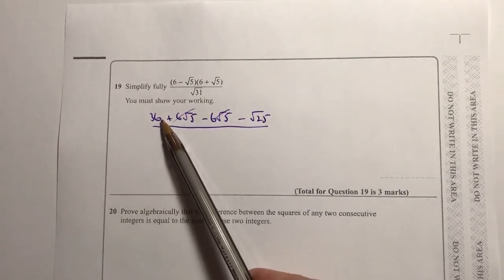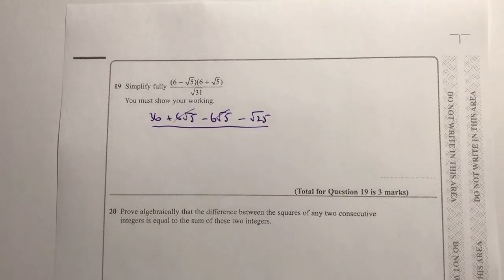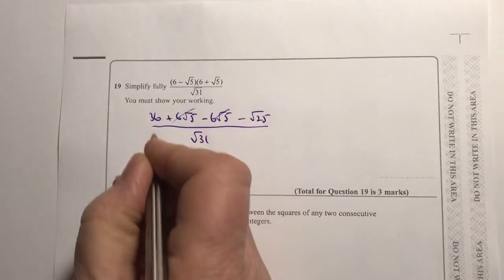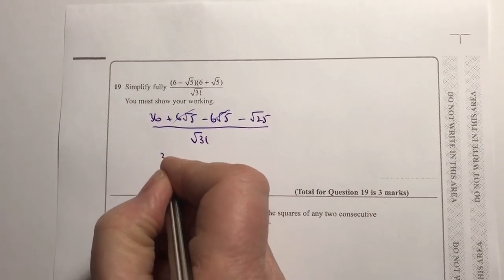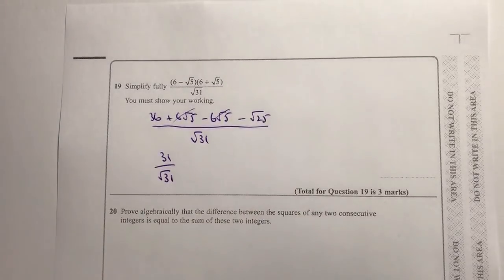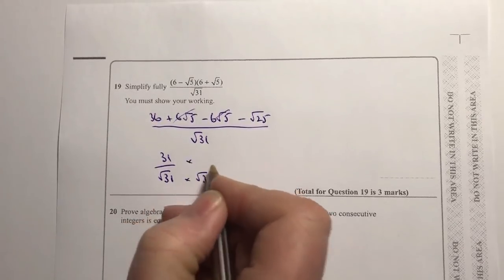So I end up with 36 minus 5 at the top, and then root 31 at the bottom. So I'll just write that in. There's root 31. And 36 minus 5 is 31 divided by root 31. Well, I don't want that root 31 at the bottom. I want to try to get rid of it if I can. So what I'm going to do is multiply top and bottom by root 31.